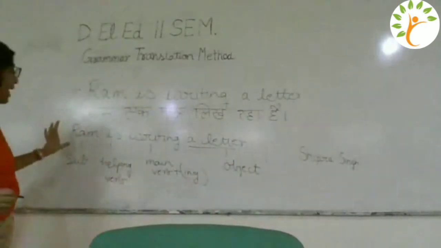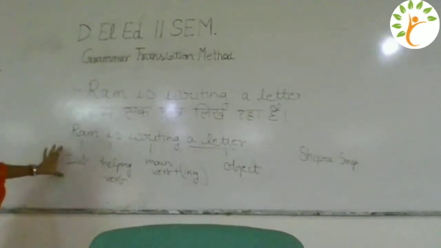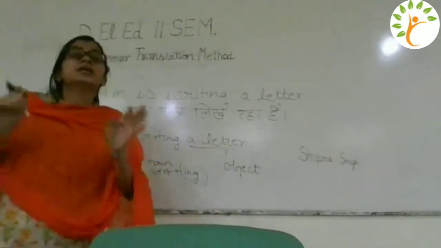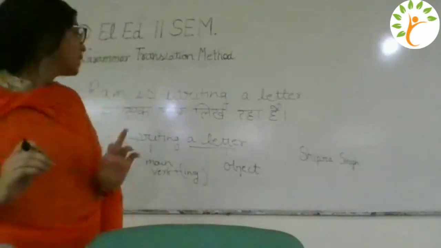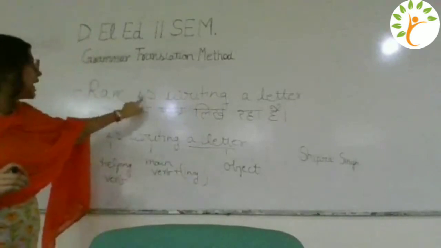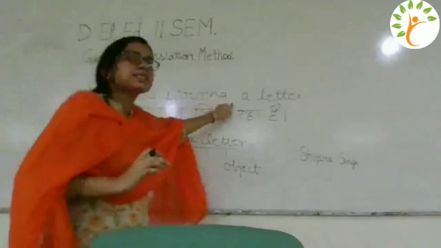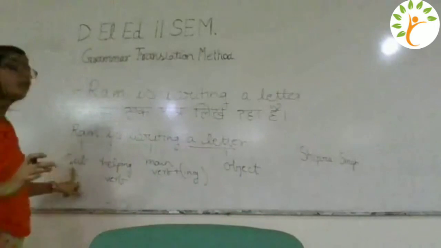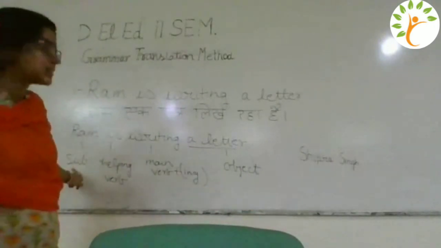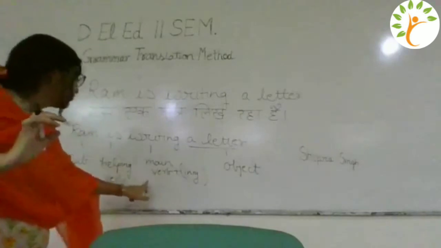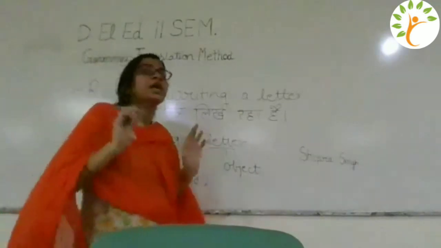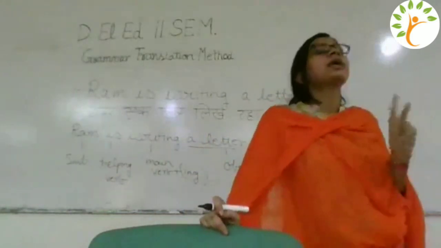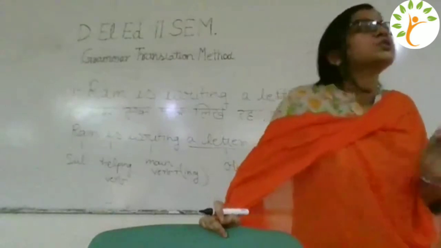Now, the grammatical aspect is first subject, then helping verb, then main verb, then object. So, it is necessary for students to memorize the vocabulary of the foreign language, like write means likhna, a means ek, letter means patra. And it is also necessary for students to know the rules of grammar, the rules of making a sentence, like first there will be subject, then verb, then object. So in grammar translation method, these two things are very important. First is vocabulary and the second is grammar. Grammar means rules of framing the sentence.